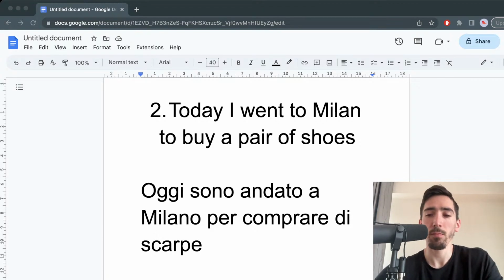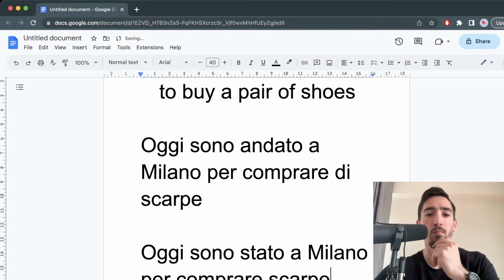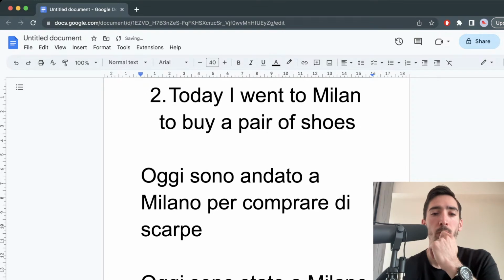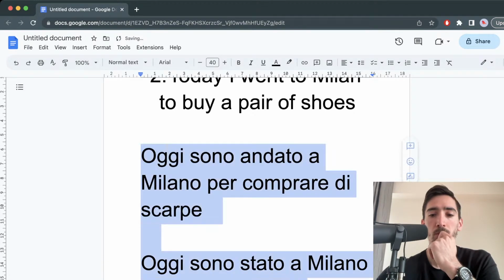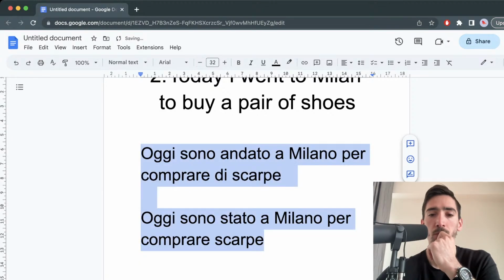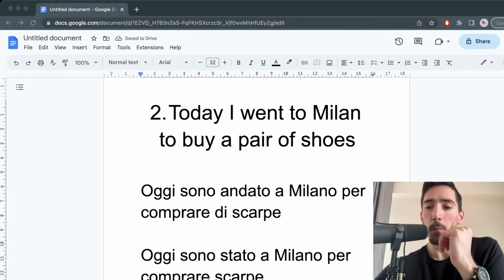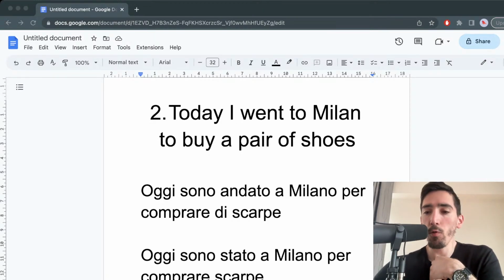Amedeo, oggi sono stato a Milano per comprare scarpe. Do we have any more versions?